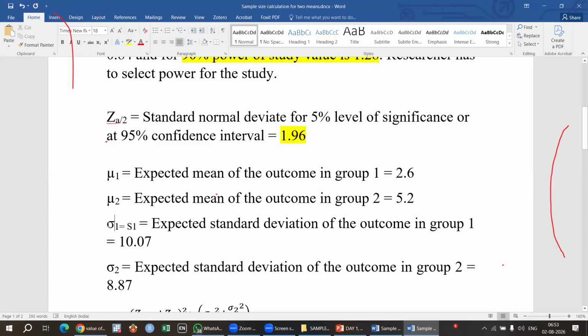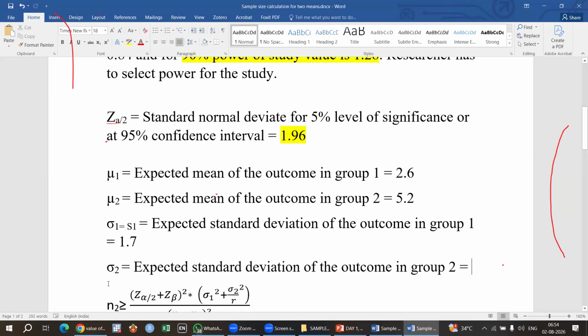Sometimes we say sigma 1 or sometimes S1. S1 means small s. Small s means standard deviation of the sample. In group 1, the value is 1.7. And in group 2, please tell me, I forgot. Can anybody tell me the SD in group 2? 2.4. Yes, 2.4. Okay, thank you.